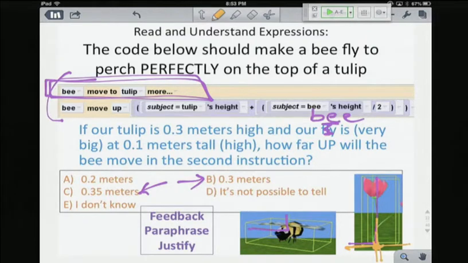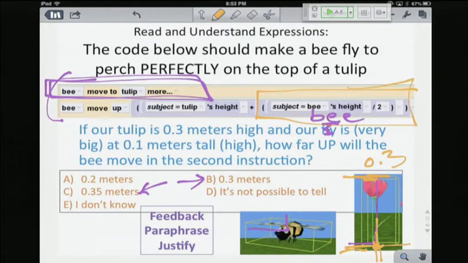So at that point, since we know that from here up to the very top is 0.3, one of the first things we could do is have him move up 0.3, but that would put his center at the top of the flower, and he'd kind of be overlapping. He would not be standing on top, okay? So this is why we have this code right here.